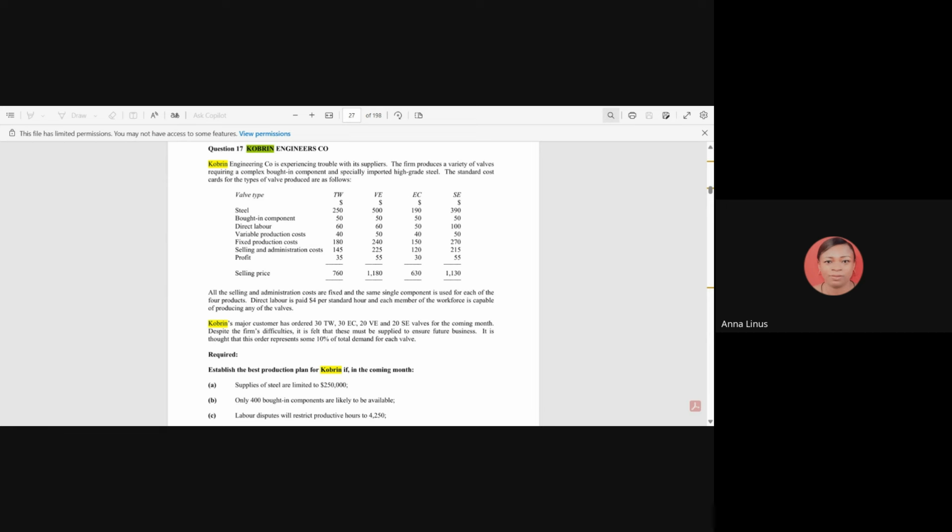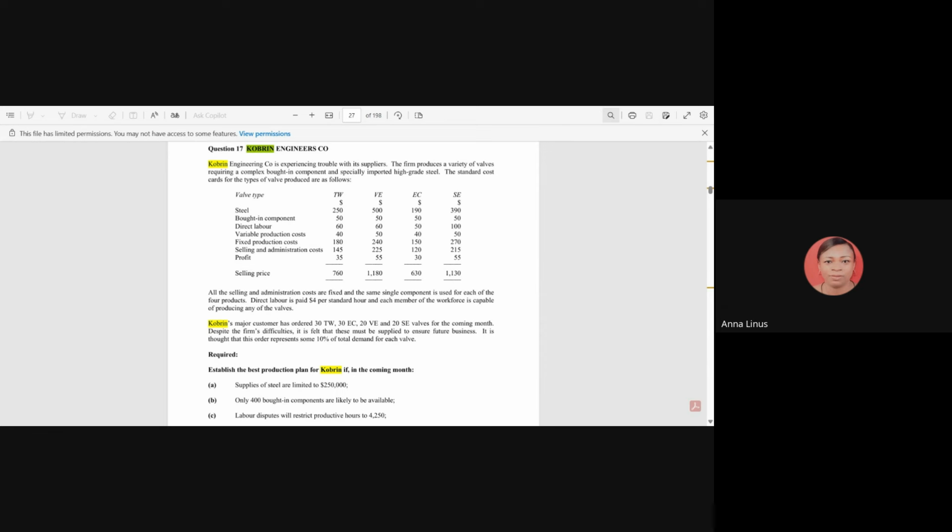Selling and administration cost 145 for TW, VE 225, EC 120, SE 215. Profit TW 35, VE 55, EC 30, SE 55. Then the selling price for TW is 760, VE 1180, EC 630, SE 1130.